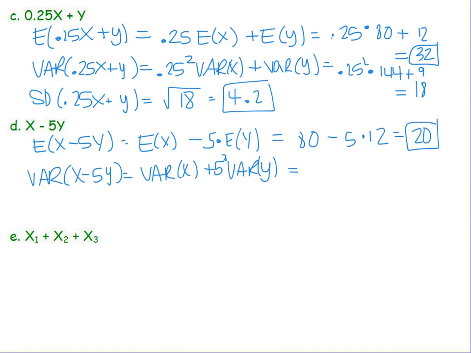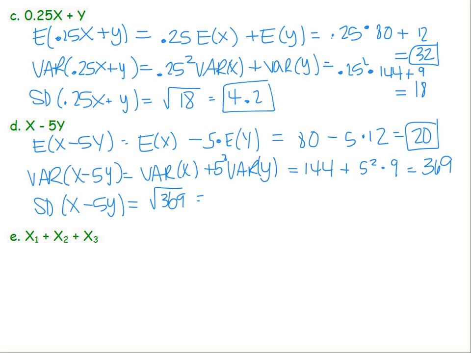So the variance of x is 144 plus 5 squared times the variance of y, which is 9. And this also comes out to be a pretty good size number, 369. And we use that because we need to find the standard deviation. If we square root 369, we get 19.2.